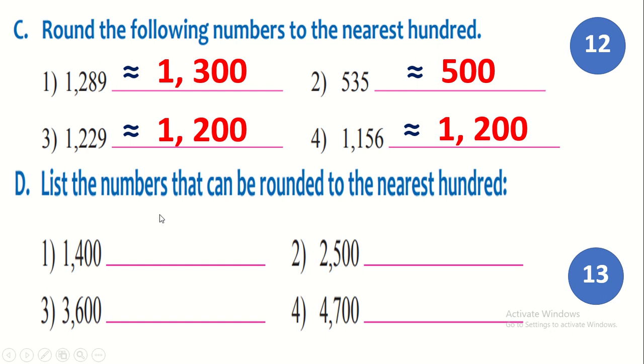What are the numbers that can be rounded to the nearest 100 to get 1400? The numbers are 1350. If you round 1350, it becomes 1400. Correct, students?